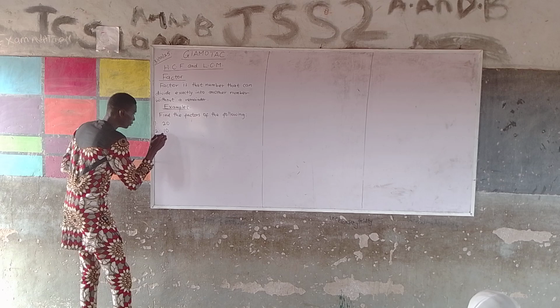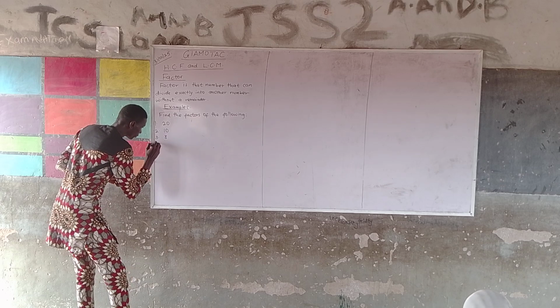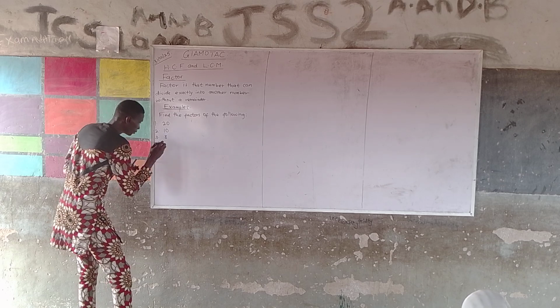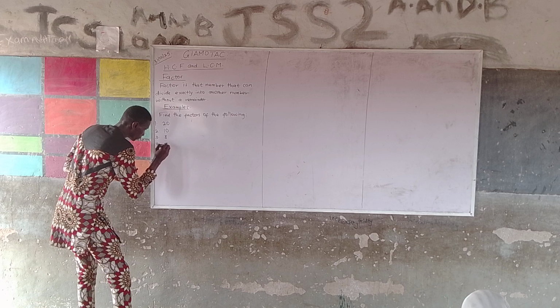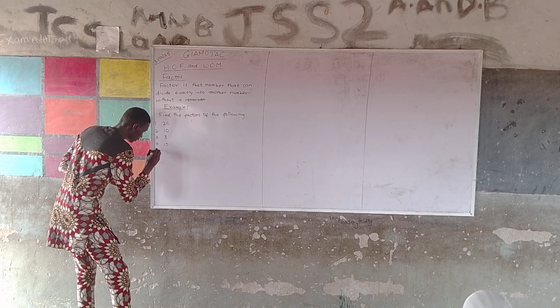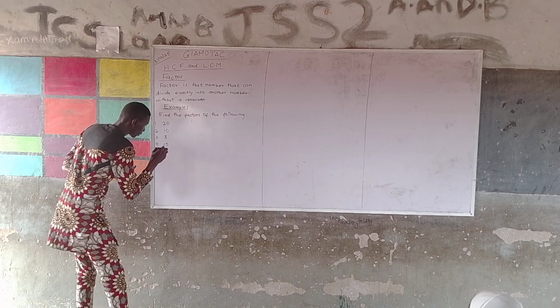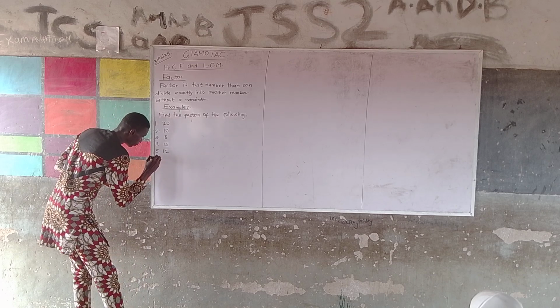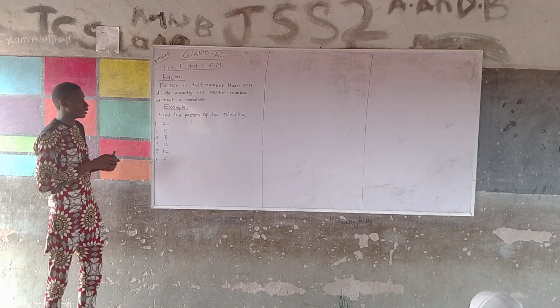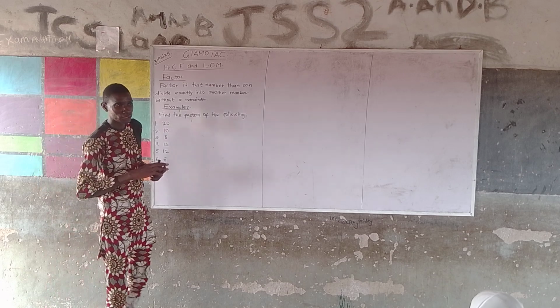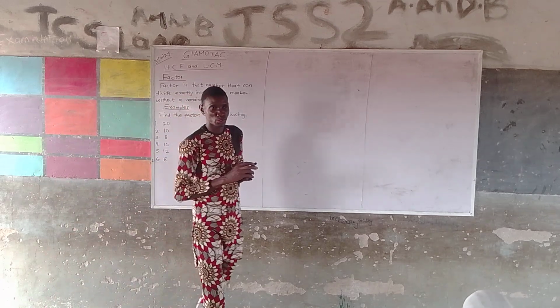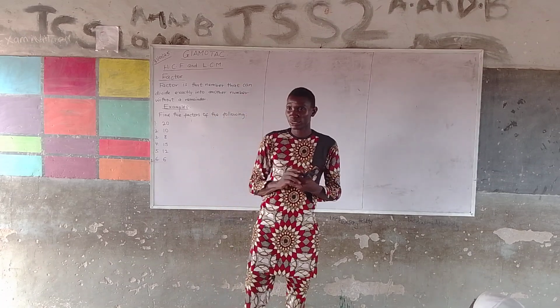Number 3, 8. Number 4, 15. Number 5, 12. And number 6. Now, I'm going to solve number 1, where the students will be the ones to solve the remaining numbers.